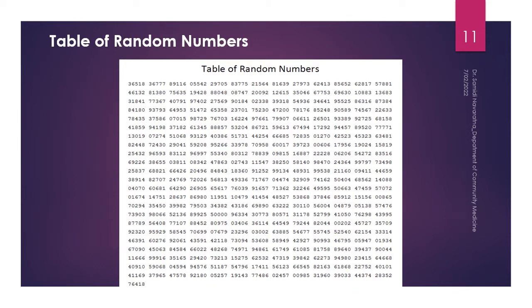Okay, so this is how a table of random numbers looks. Just like in any other table, there are rows and columns, and each number consists of 5 digits.